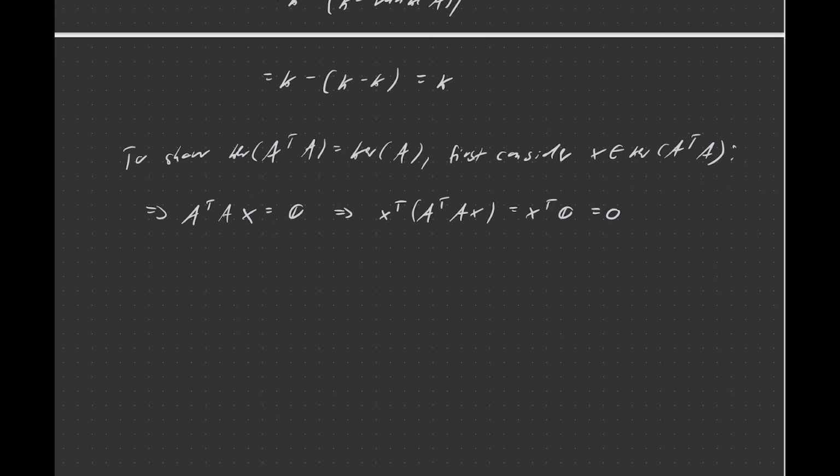So what do we have here? We have x transposed A transposed times Ax. Now, by the rules of transposition and matrix multiplication, that's the same thing as (Ax) transposed times Ax. So that is 0. Well, that is the same thing as the norm of Ax squared.